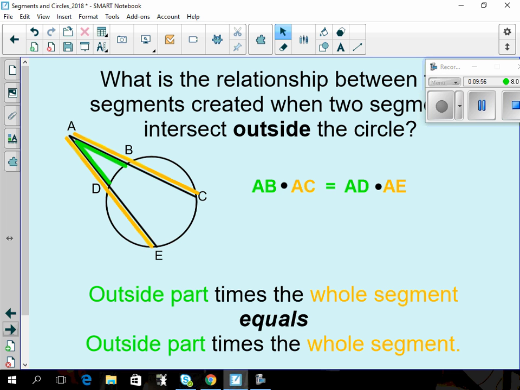Do you see how AB is part of the segment that's on the outside? So it's outside times the whole, and over here I have AD also is an outside part, outside times the whole. Are we okay with that process, that thought? Okay, outside whole, outside whole. That's the only thing you really have to remember, other than the two that cross in the middle.